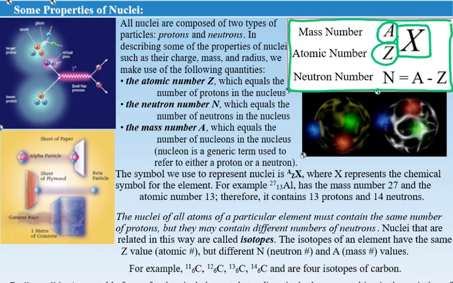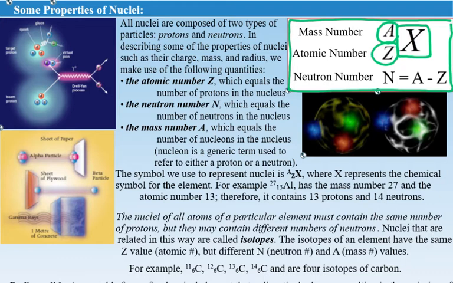Today, this study is classified as atomic physics. When we analyze samples of many naturally occurring elements, we found that nuclides with a given atomic number can have several different mass numbers.